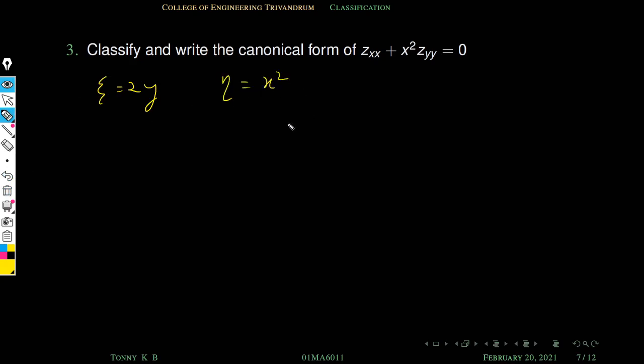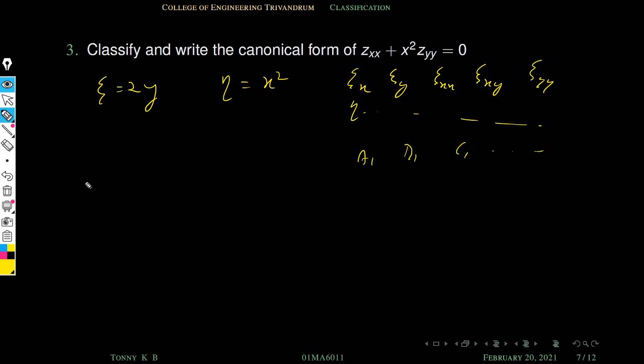Then by finding our derivatives psi x, psi y, psi xx, psi xy, psi yy, similarly for eta, then evaluate a1, b1, c1, everything, then substitute in our standard canonical form.